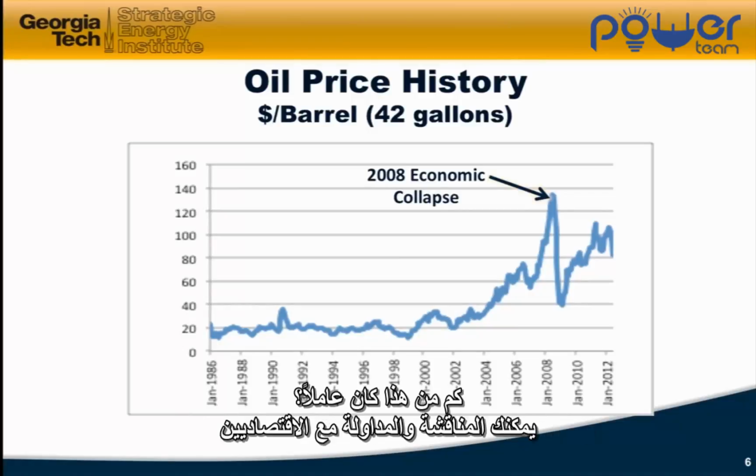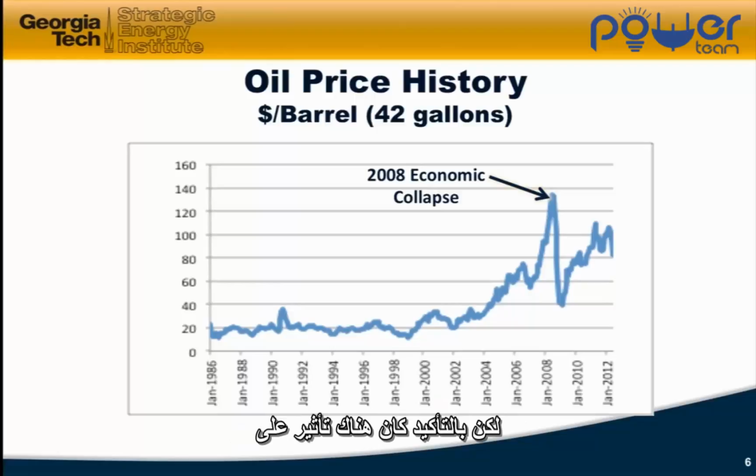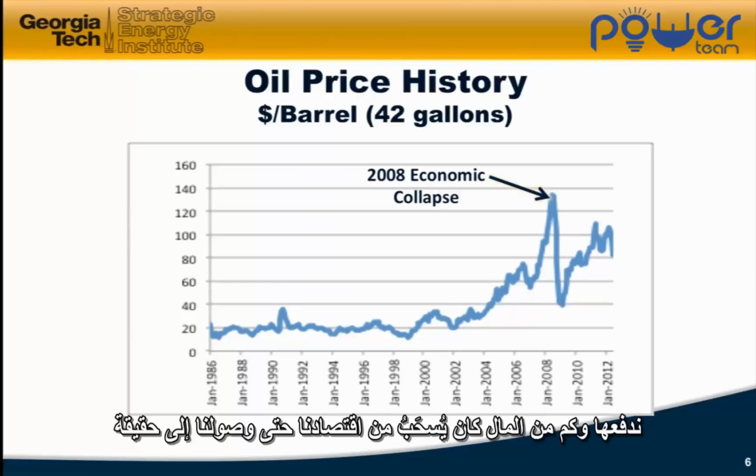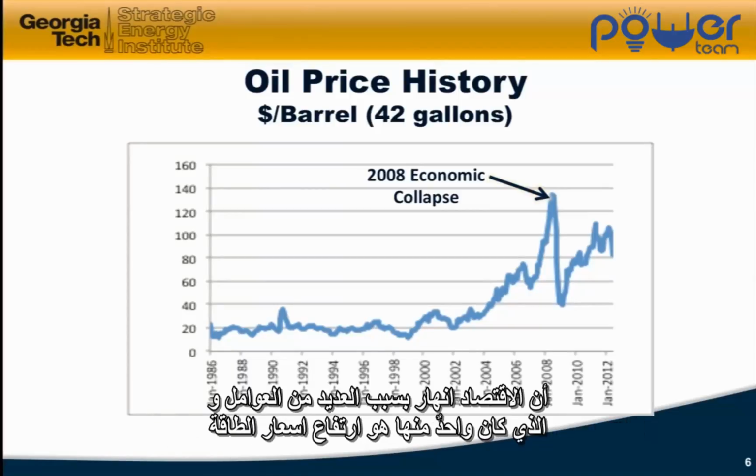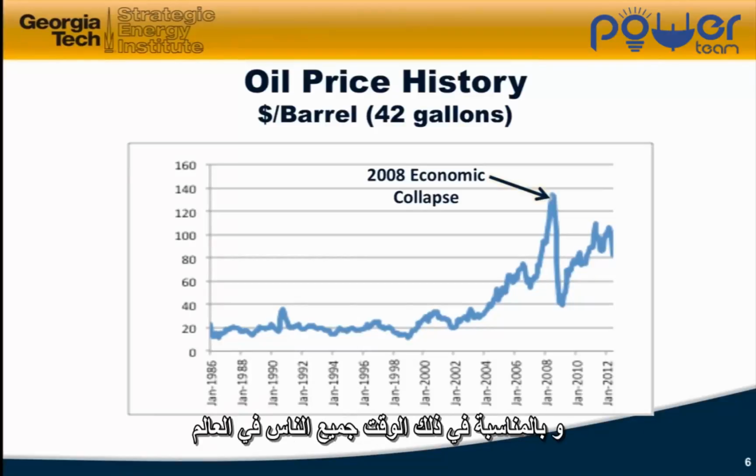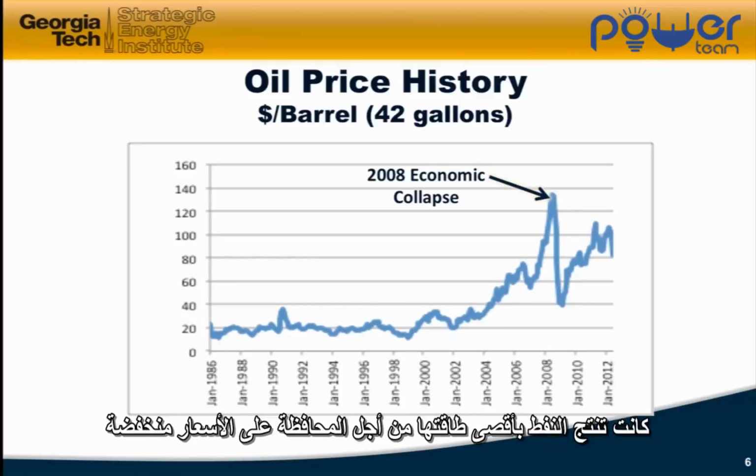How much of that was a factor you can debate and is debated by the economists, but there definitely was some effect of the high cost of energy that we were paying and how much money that was sucking out of our economy, to the fact that the economy collapsed due to many factors, one of them being the high price of energy. And by the way, at that point in time, everybody in the world was producing as much oil as they could produce, trying to hold prices down.